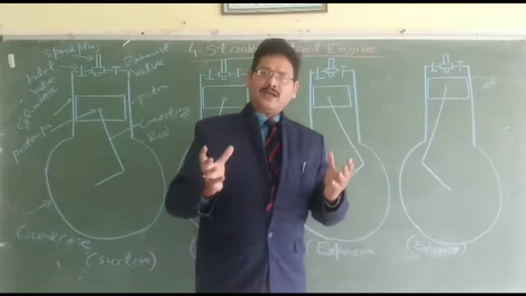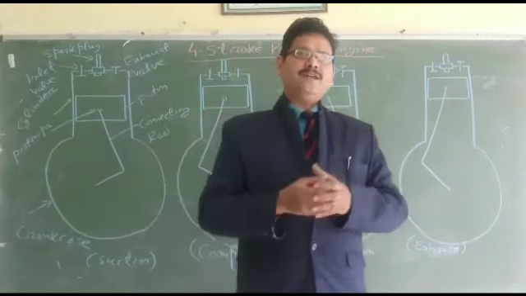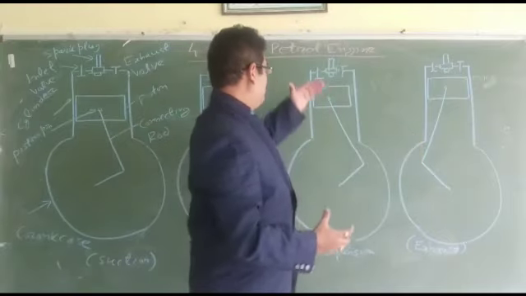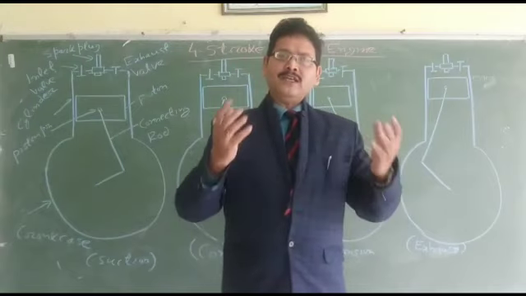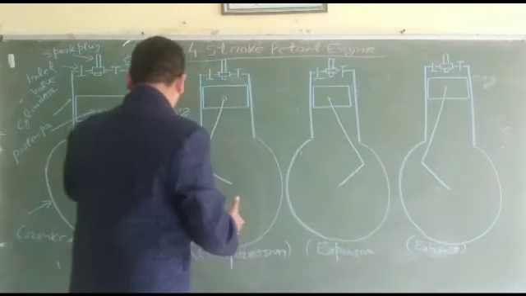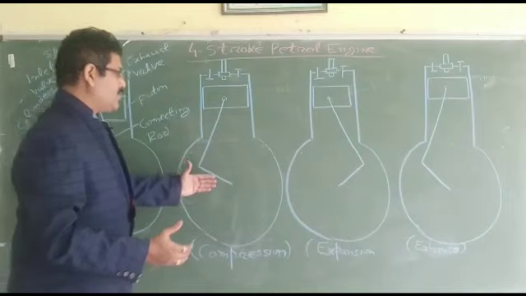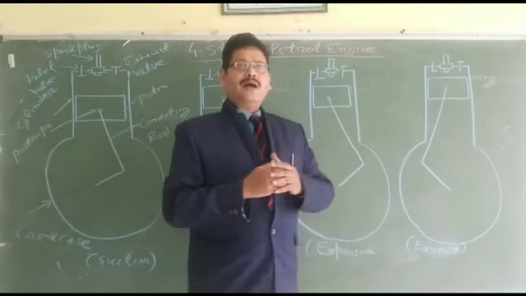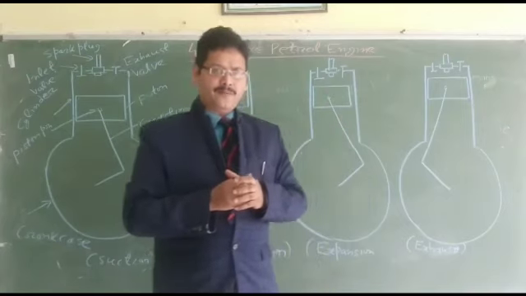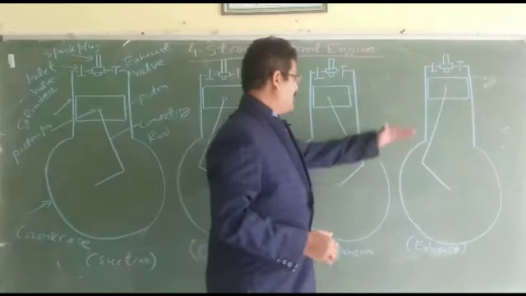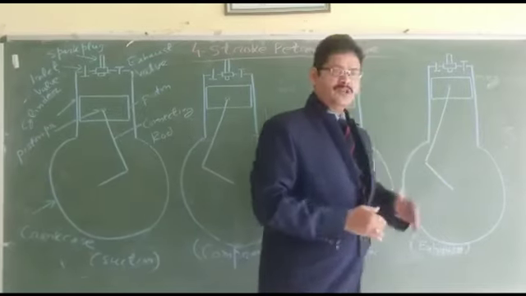Flywheel actually works as an energy accumulator. It stores the energy that is developed during the expansion stroke and supplies the same during the three idle strokes. Your suction stroke, your compression stroke and your exhaust stroke are called your idle strokes because their contribution towards power development is nil.